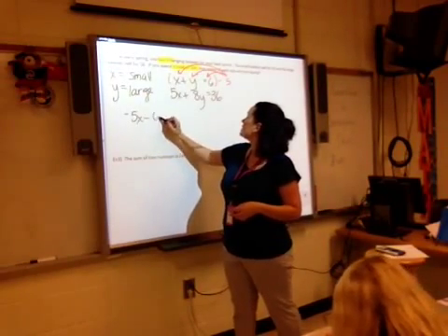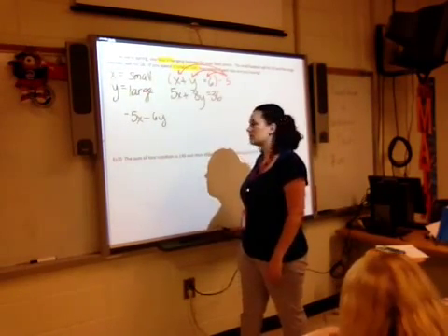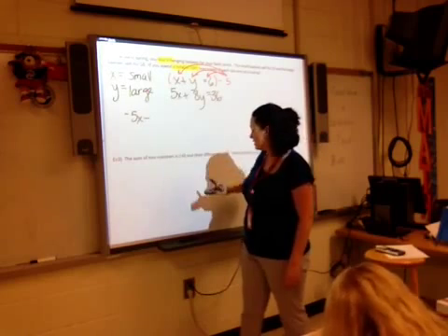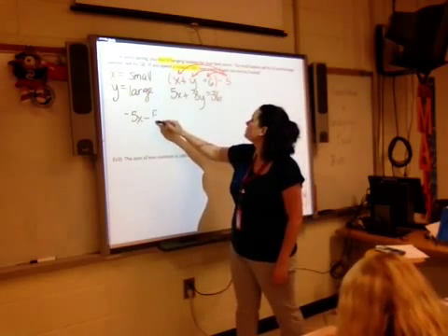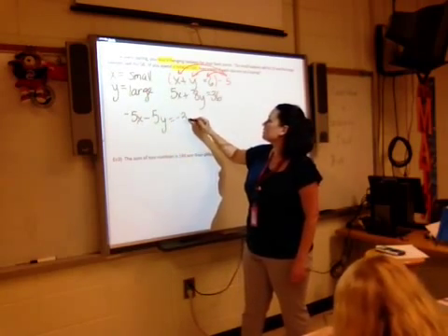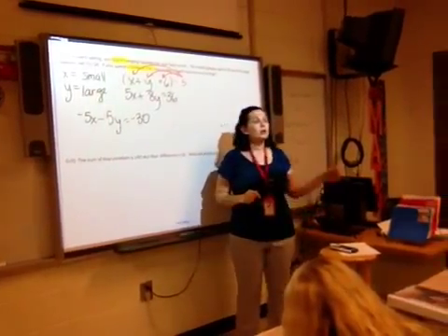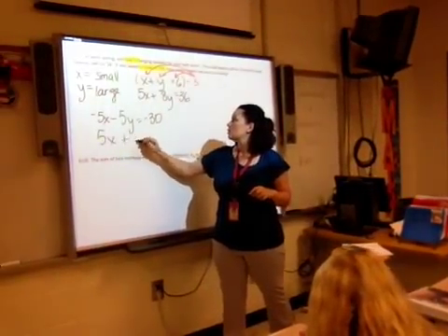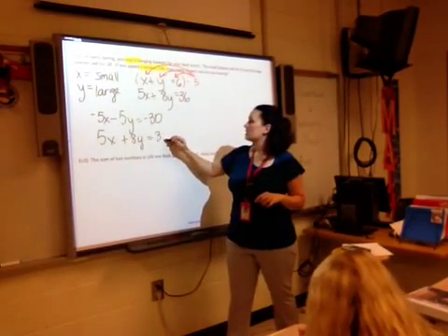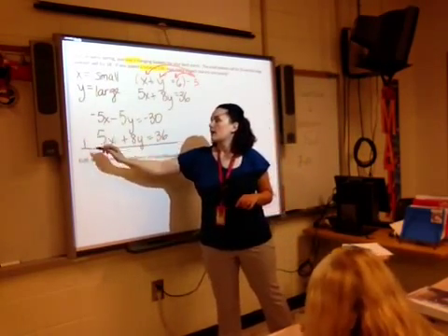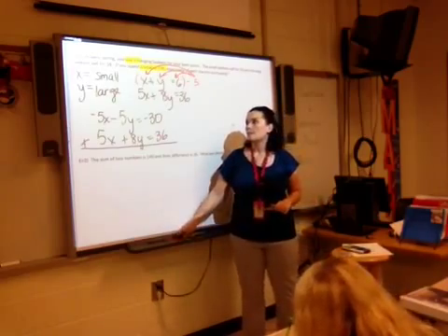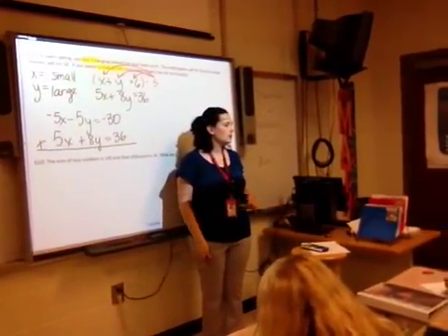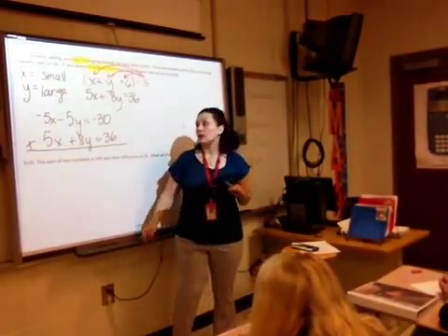-5x, -5y equals -30. Your bottom equation, 5x plus 8y equals 36. And then we're adding. This is just what we've been doing.